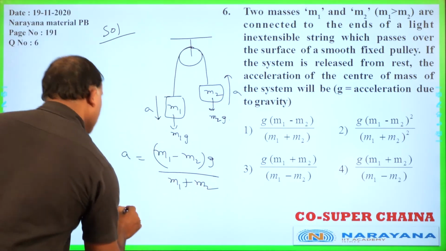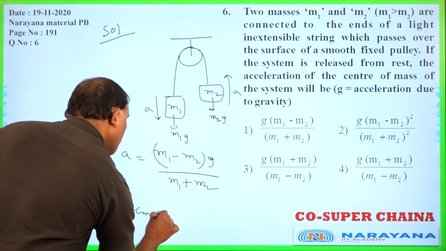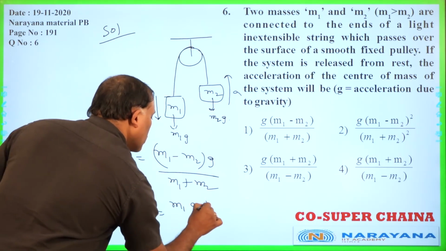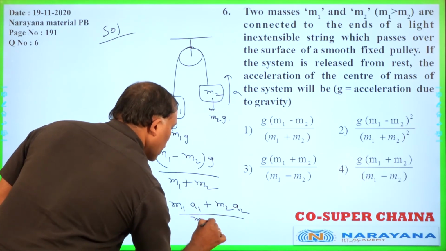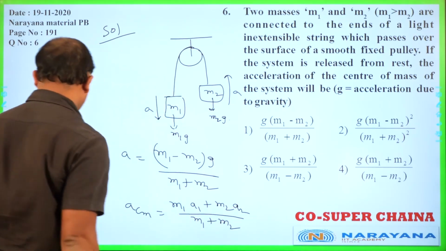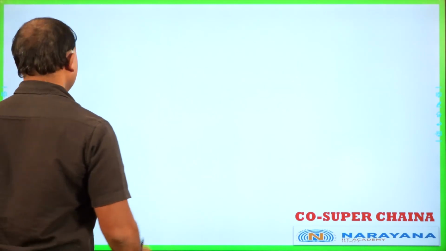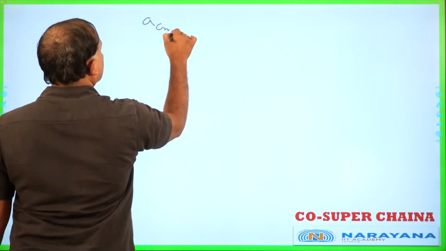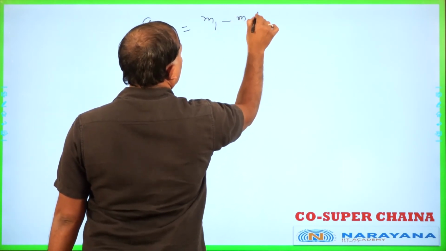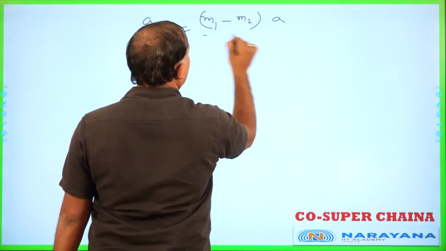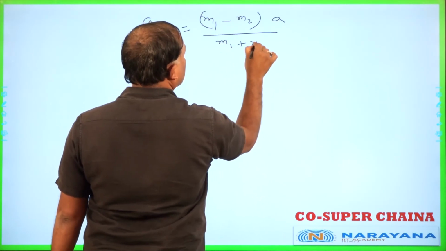Then the acceleration of center of mass is equal to m1 a1 plus m2 a2 by m1 plus m2. Substituting, the acceleration of center of mass is m1 minus m2 into a by m1 plus m2.